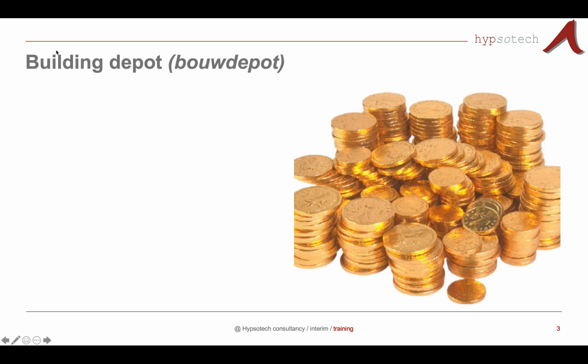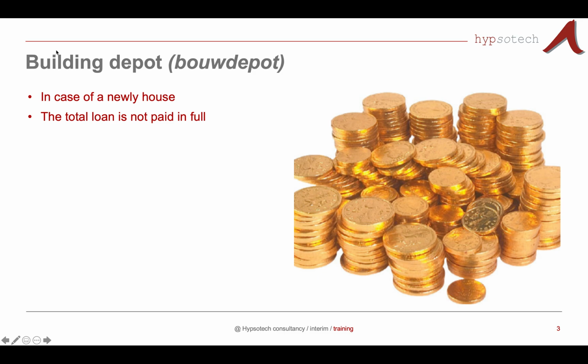A building depot, and the Dutch word is bouwdepot, is used when consumers buy a new to build house. If the consumer buys the house at that moment, he buys a plot of land, and maybe the house is half finished. So that will mean that the loan is not paid in full.